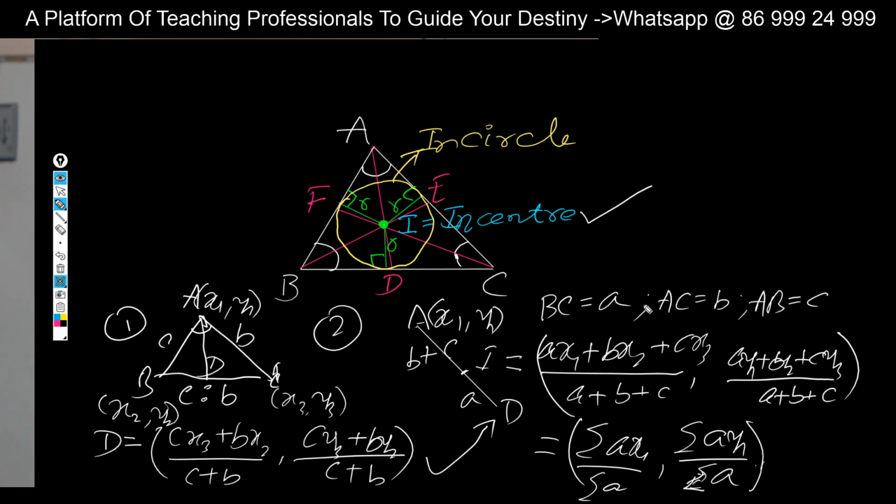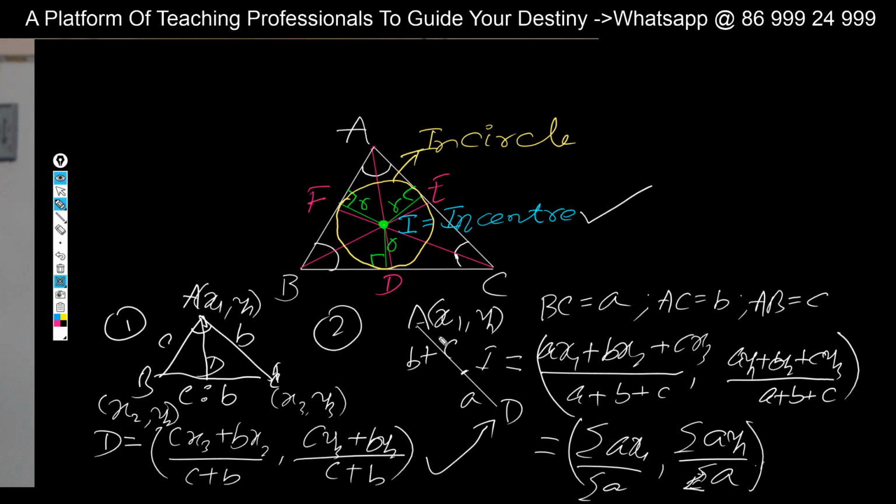If you remember the definition of harmonic conjugate points, if I is dividing AD in the ratio B plus C is to A, then definitely there exists another point which divides it in the same ratio but externally. Here the concept of excenters arises. I is the internal one, explained already. For the external ratio you have to take one of them negative, that is B plus C is to minus A.